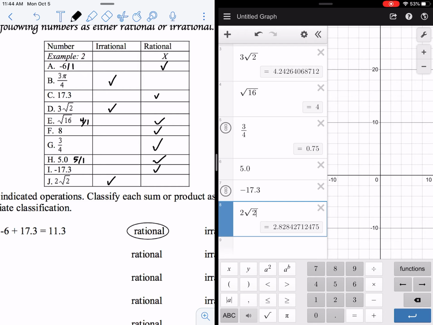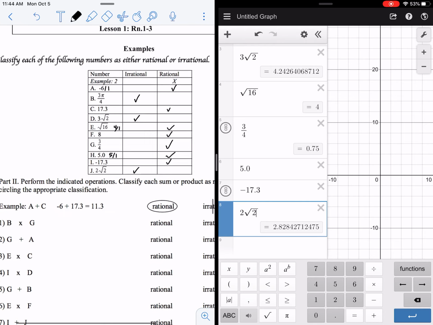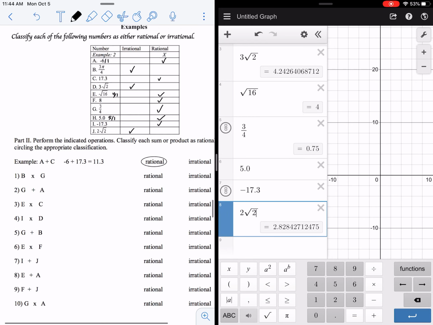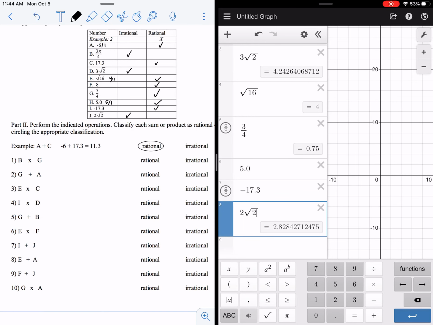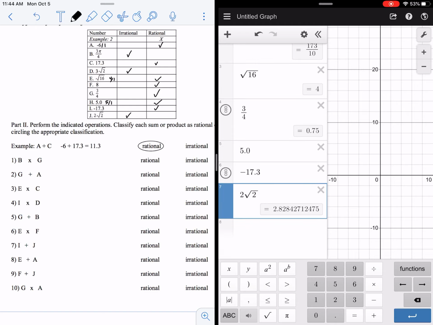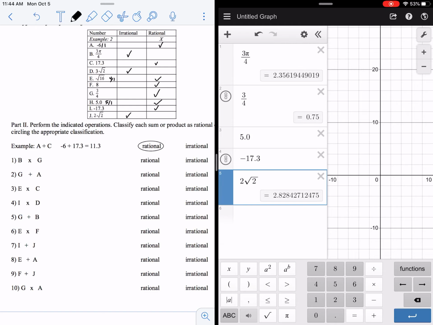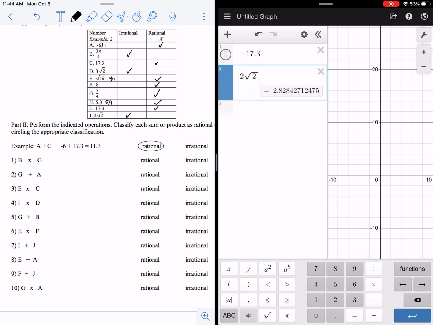Okay. Now, the rest of this page, what we're going to do is work on adding, subtracting, multiplying, dividing, or doing some kind of operations with these numbers. And we're just going to classify the result as either being rational or irrational.